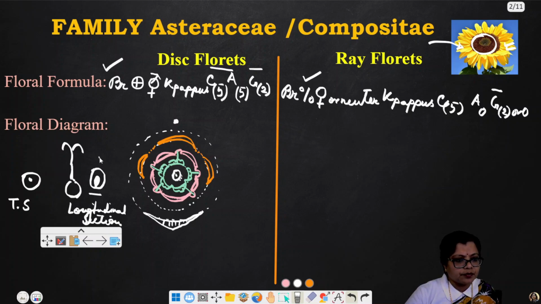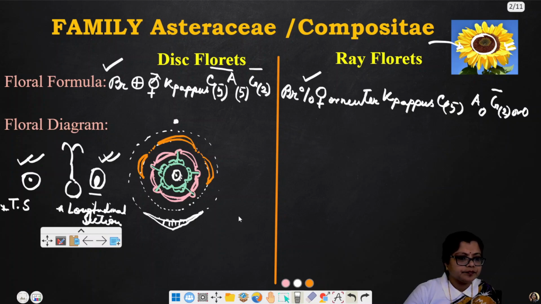So this is for the basal placentation, this is also basal placentation, but this is for longitudinal section and this is for the transverse section. So here it represents the transverse section. I hope it is clear.